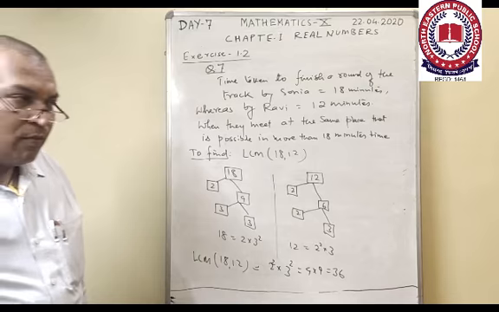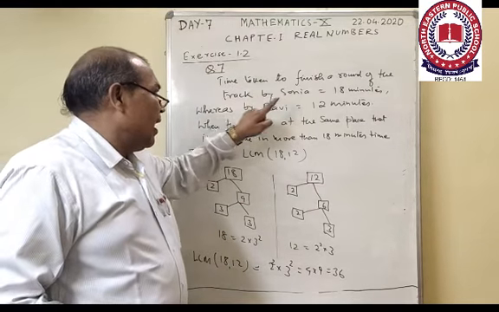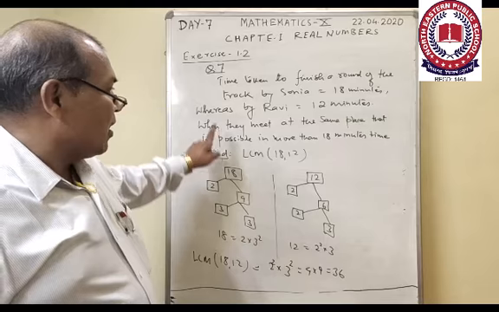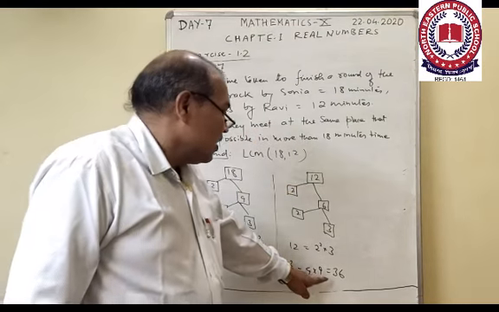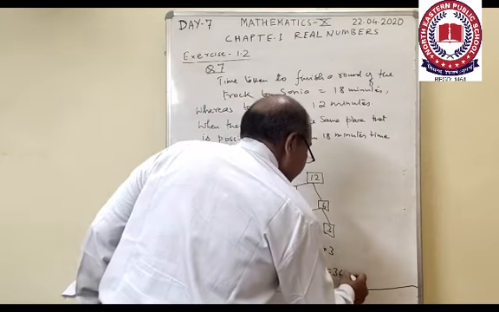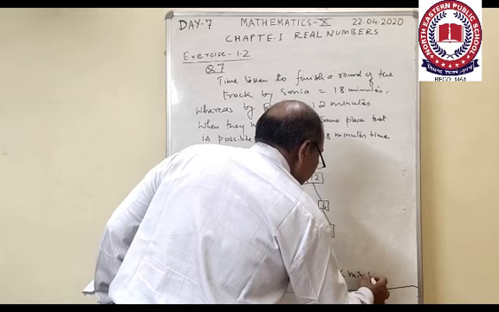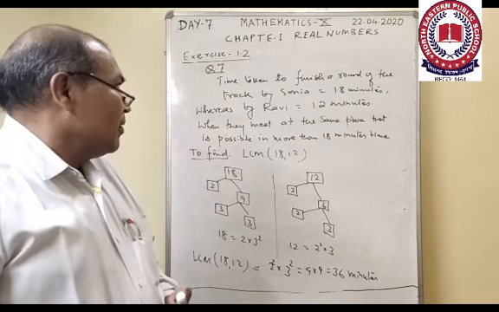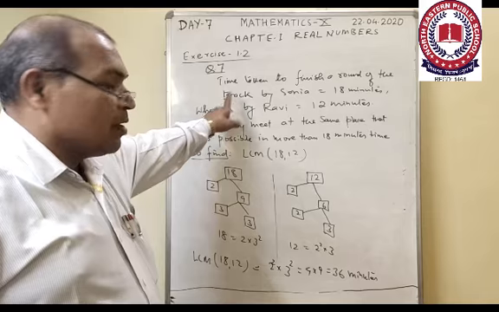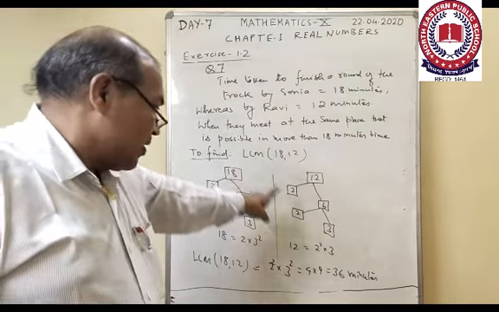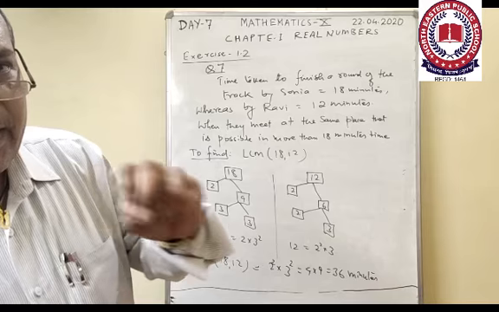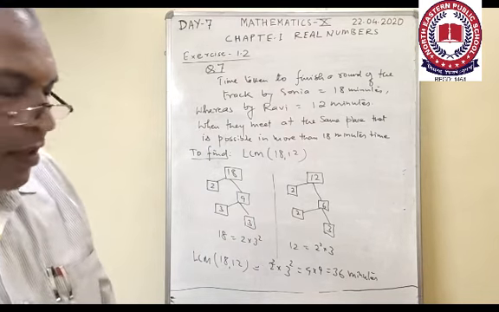It means both Sonia and Ravi will meet around the circular track after 36 minutes. So we can say both of these athletes will be meeting after 36 minutes at the same place from where they started running together.